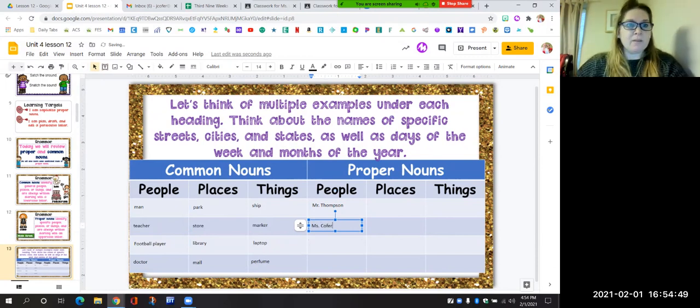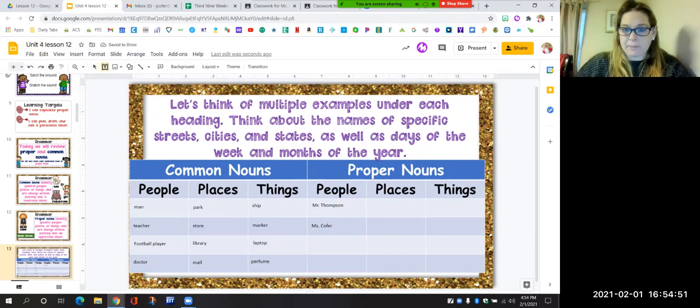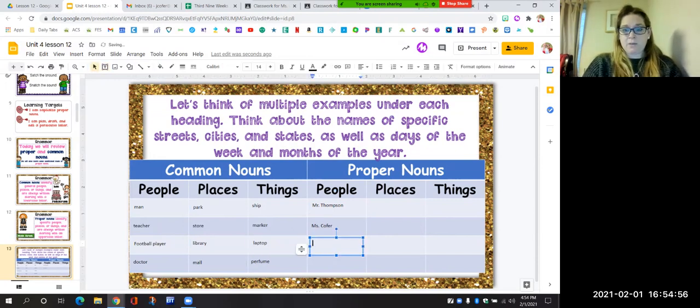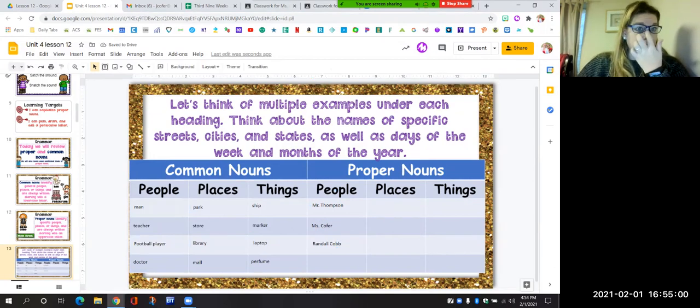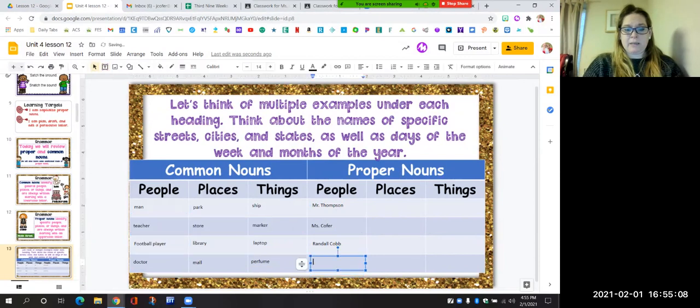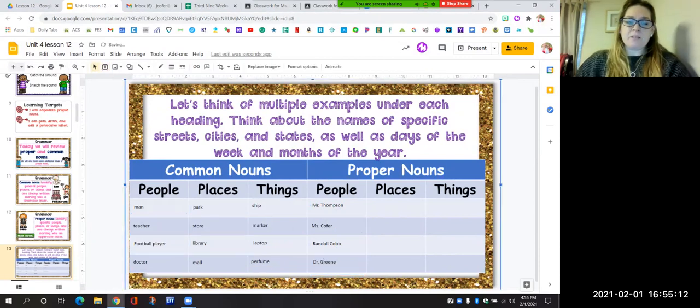Instead of a football player, we could have a specific football player. We could say Randall Cobb. How about instead of just a doctor, any common doctor, we could say Dr. Green.